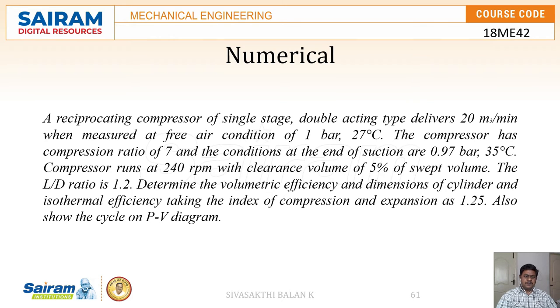The ratio of stroke length to bore is 1.2. We need to determine the volumetric efficiency, dimension of cylinder and isothermal efficiency, taking the index of compression and expansion as 1.25. Also show the cycle in PV diagram.